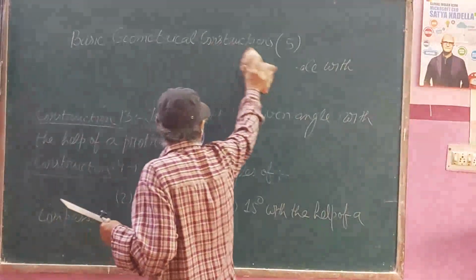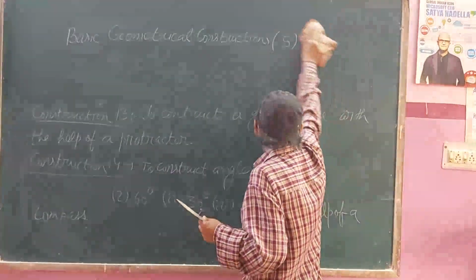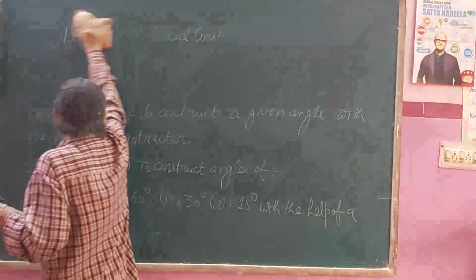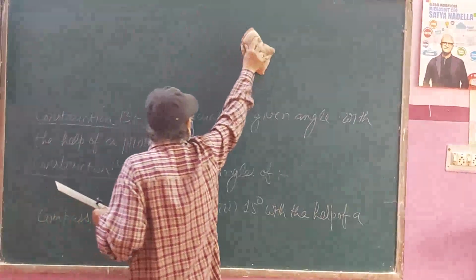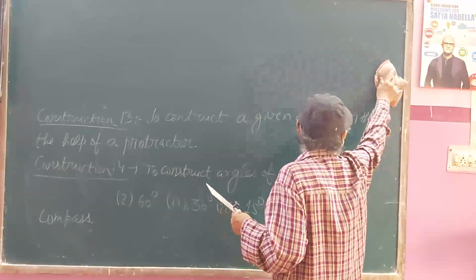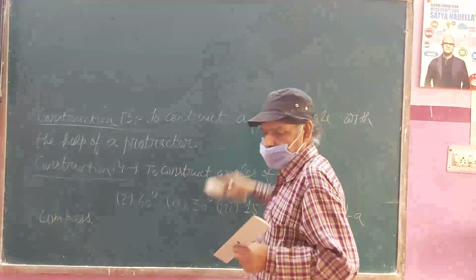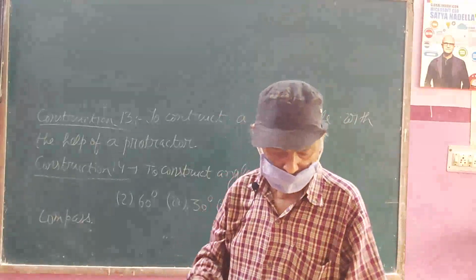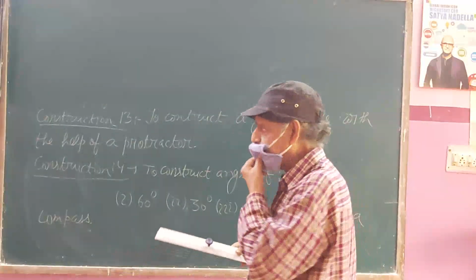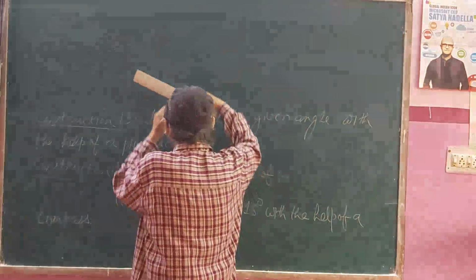I will draw an acute angle first, then we will draw an obtuse angle and measure that angle with the help of my protractor. This is my protractor, as you well know. So, I will make an acute angle. It may be of any degree.